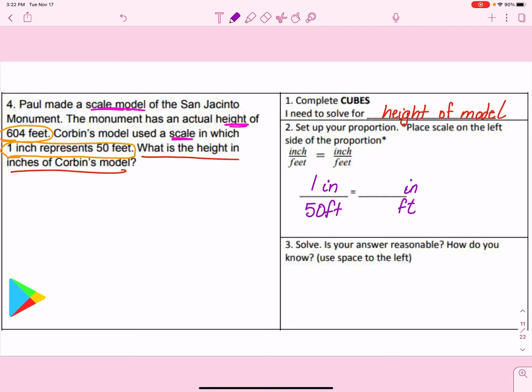So it's asking us to convert 604 feet. So 604 feet equals something. Well, I can put that over here into my proportion where it says feet. 604. And we want to know how many inches that's going to take.